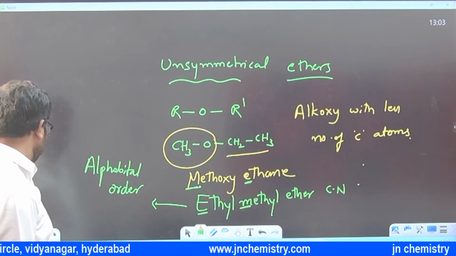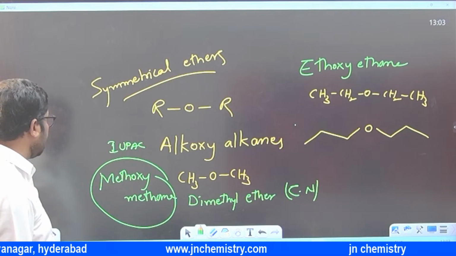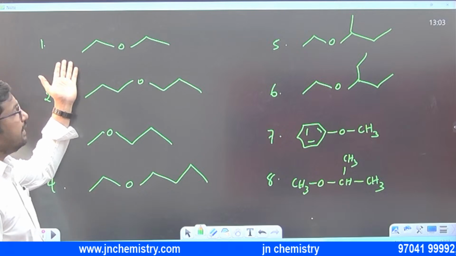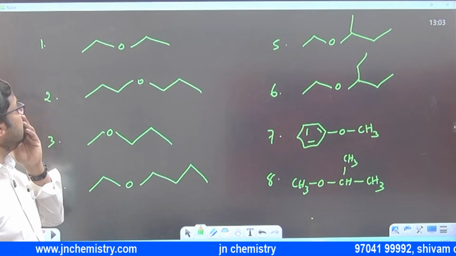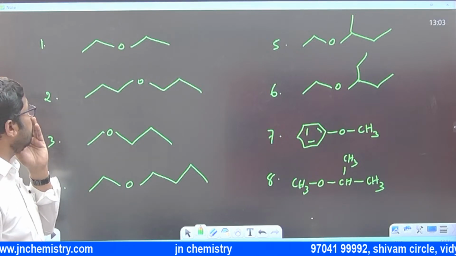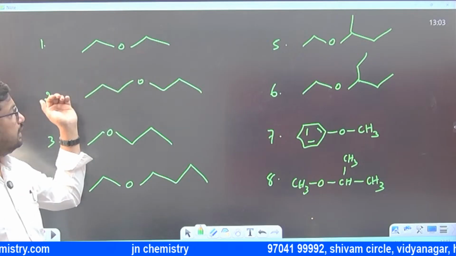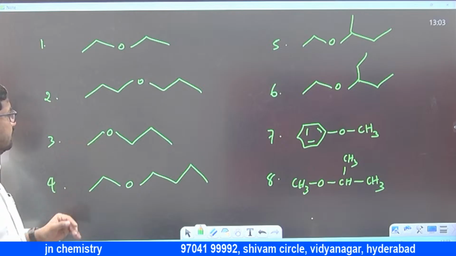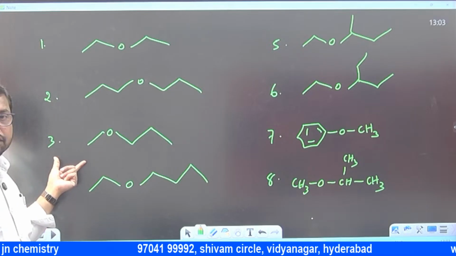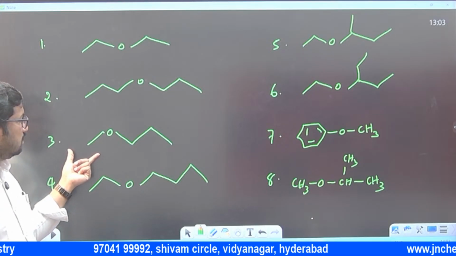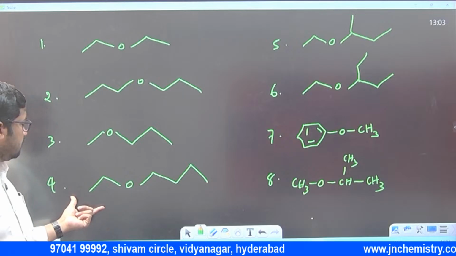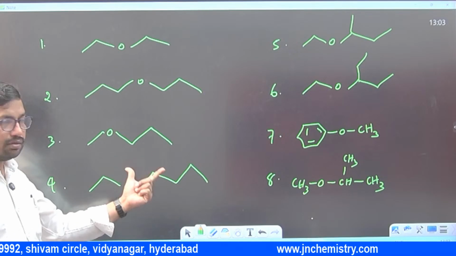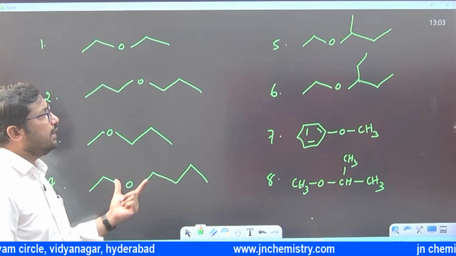Now solve these questions. First one already we did, right? What is that? Ethoxyethane. Next one, propoxypropane. Third one, methoxypropane. Next, ethoxybutane.